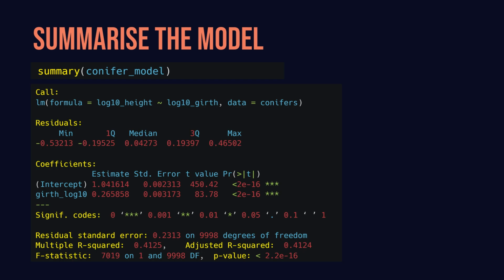Like the coefficients function prints the coefficients, which are the slope and the intercept of the model, there is another function called summary that prints the summary of the entire model. We have already looked at the call and coefficients before. The coefficients are printed here in a different way. Now the coefficient values are in the estimate column.